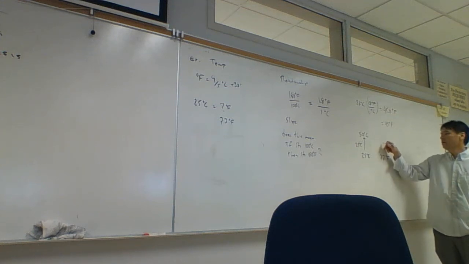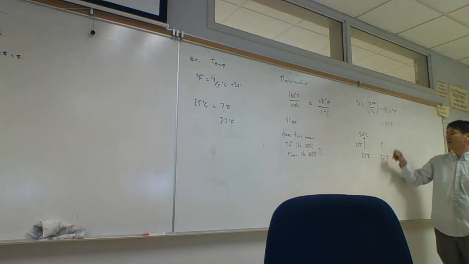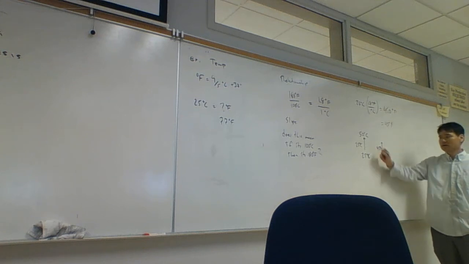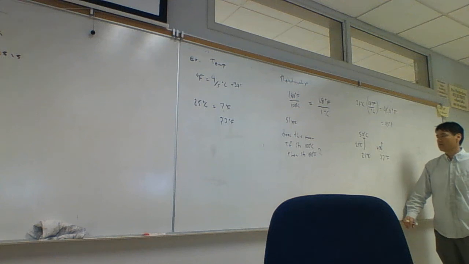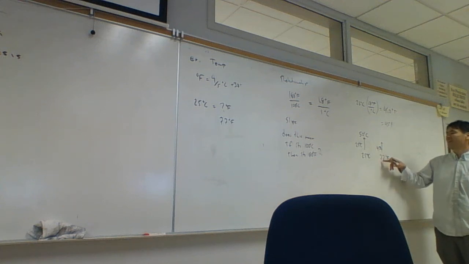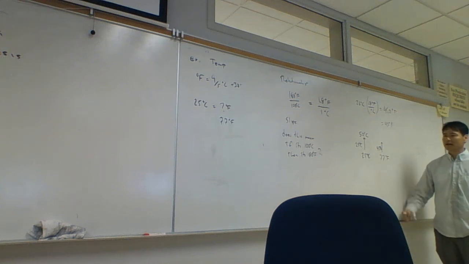And so here, this 25 degrees Celsius change would be equivalent to a 45 degrees Fahrenheit change, because a degree Celsius is a bigger jump in temperature than a degree Fahrenheit. And so what I end up with is, what is 45 and 77?